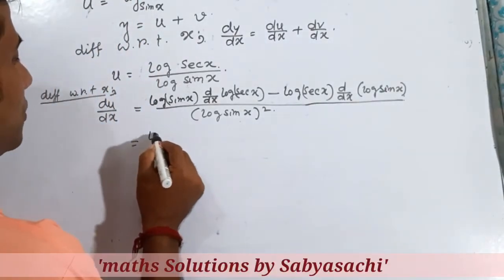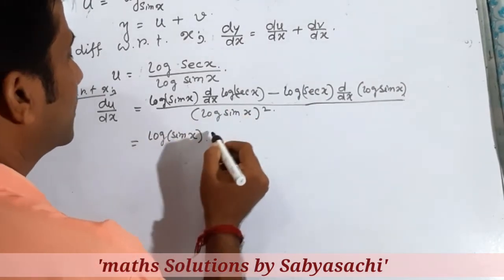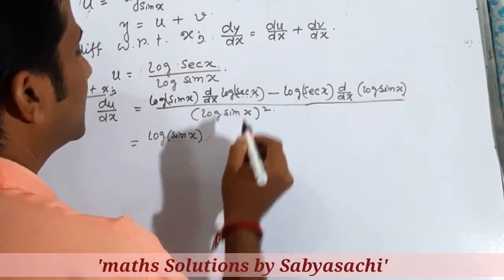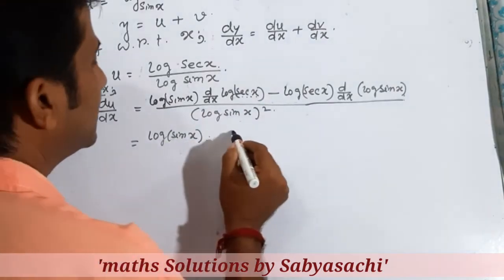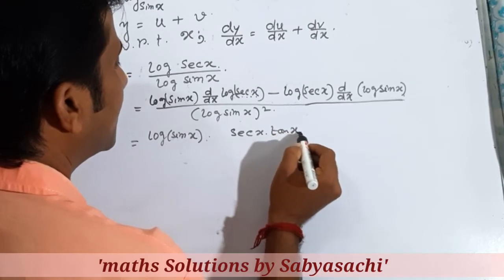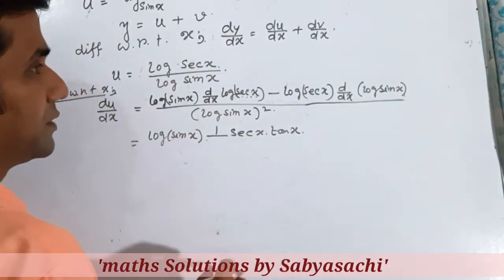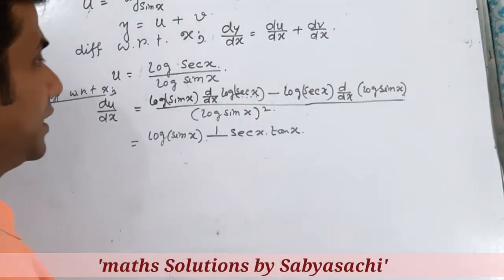This is equal to log sin x, log sec x, differentiation of sec x means sec x tan x, and log of x, differentiation of log x means 1 by x.